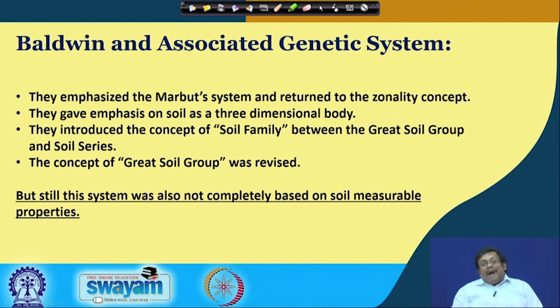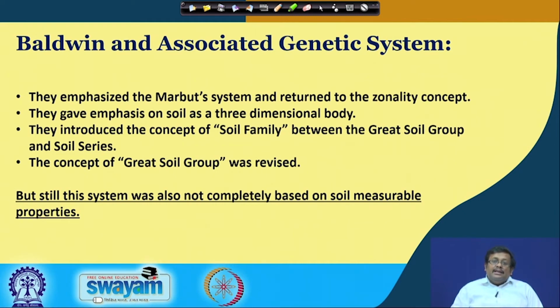Marbut's morphogenetic system was later revised by Baldwin, Kellogg and Thorpe, three scientists. They also modified this genetic and morphogenetic system. They emphasized the Marbut system and returned back to the zonality concept. Now, the zonality concept, you remember, was given by Dokuchev in his genetic system of soil classification.